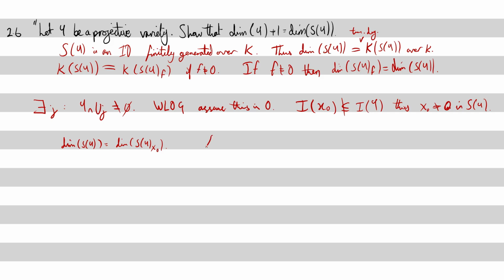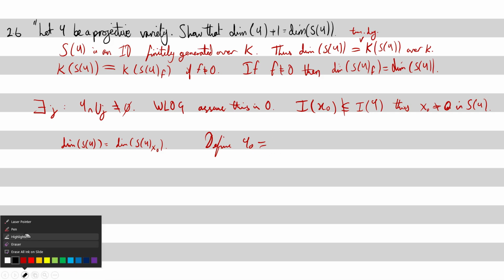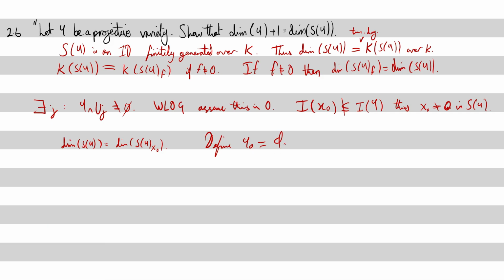Now, define Y0 to be equal to the image, I will use the other type of phi, phi naught, of Y intersect U0.